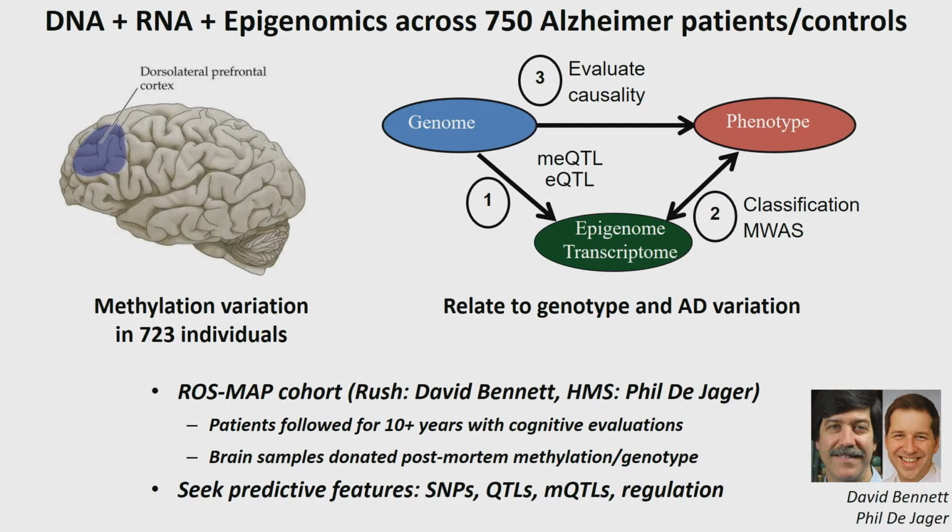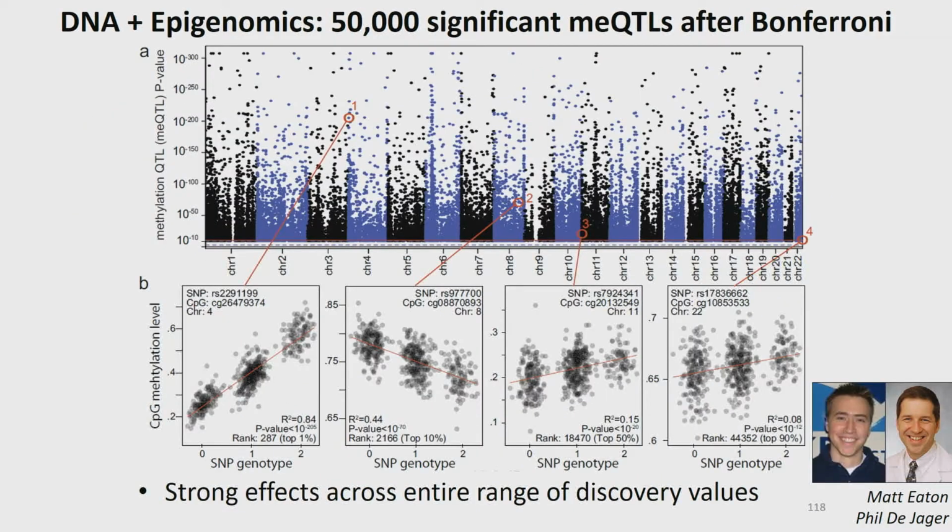One example is in looking at methylation and gene expression in the case of Alzheimer's using post-mortem brain samples across more than 1,000 individuals that have been longitudinally profiled for more than 10 years. So in this particular case, we're looking at the epigenome and the transcriptome of these individuals, and then asking, can I predict these intermediate phenotypes from genetics alone?